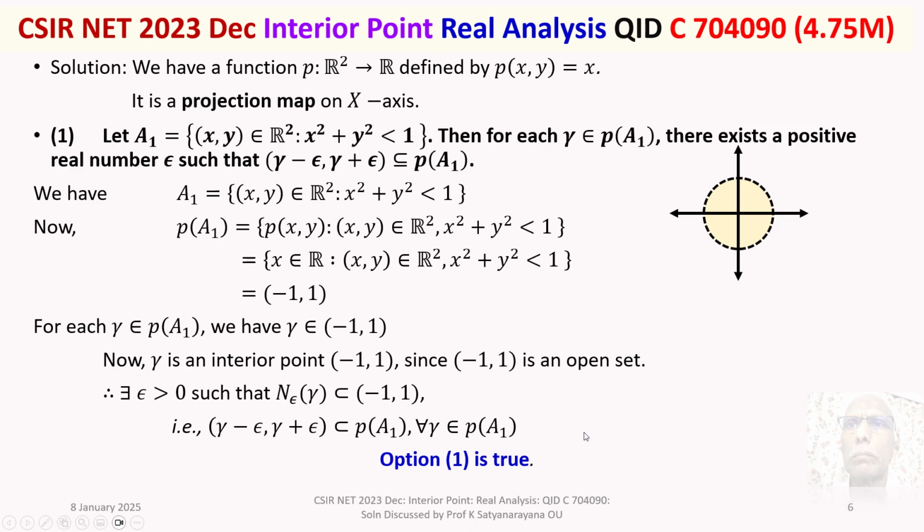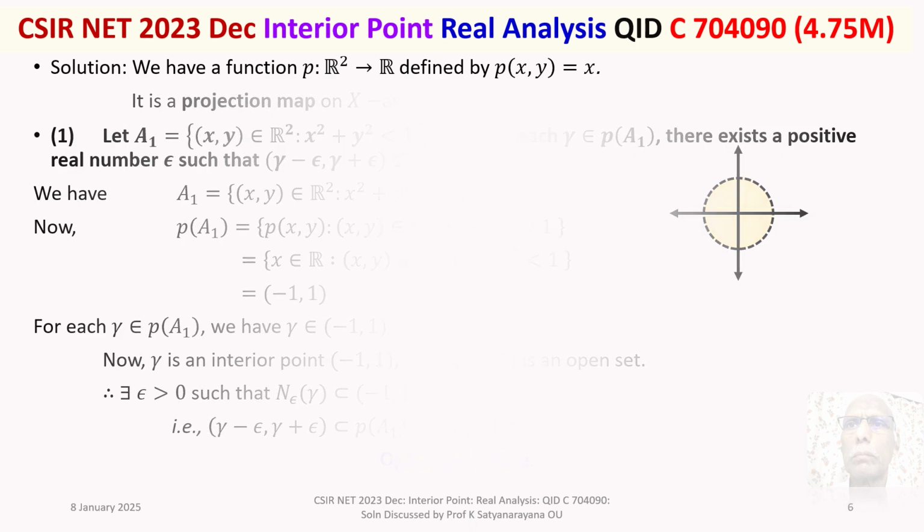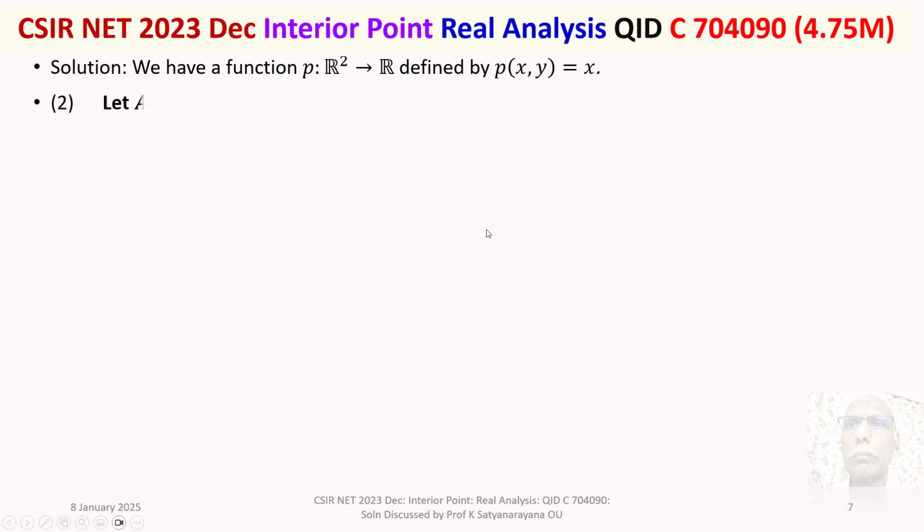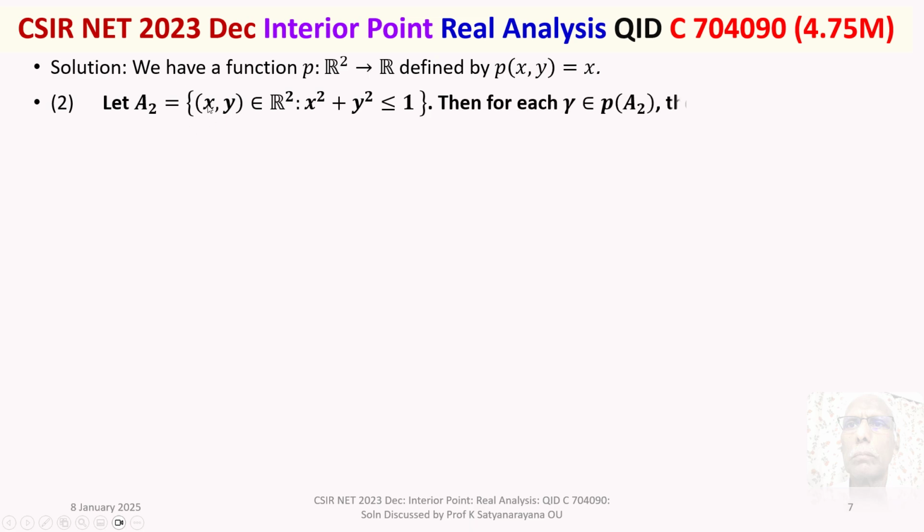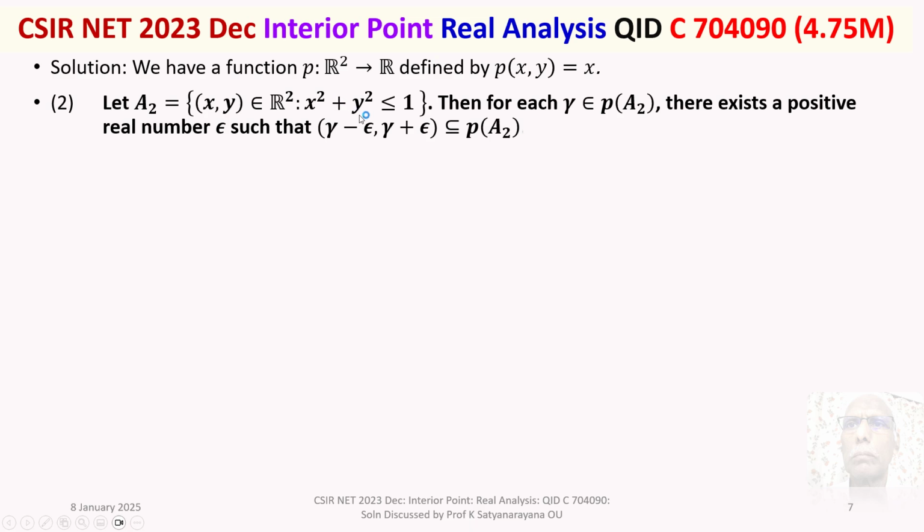Right. We move to the next slide. For the next option, option 2. Let A2 be the set of all ordered pairs x comma y such that x square plus y square is less than or equal to 1. Right. So now we have A2 as ordered pairs x comma y belongs to R square such that x square plus y square is less than or equal to 1.